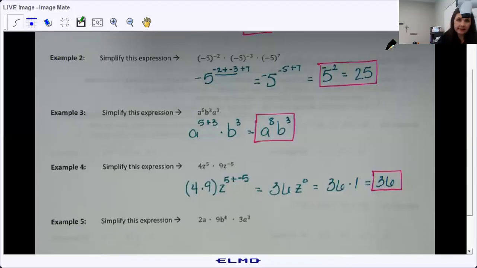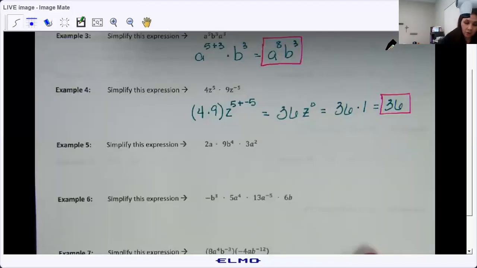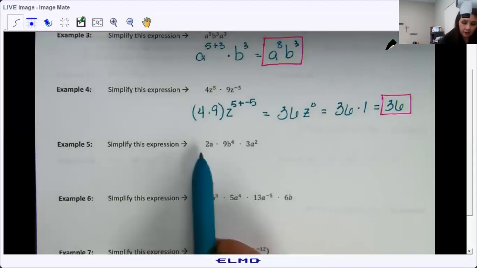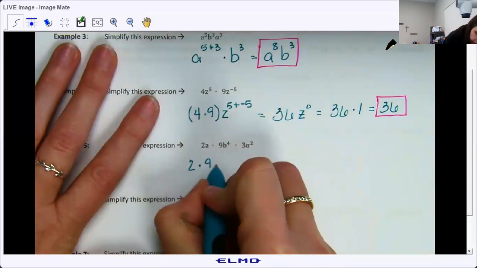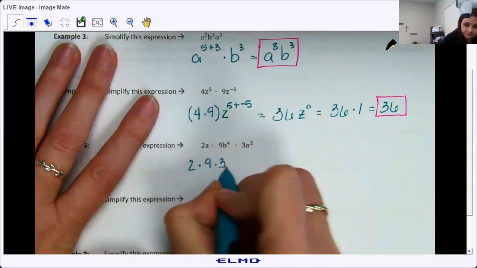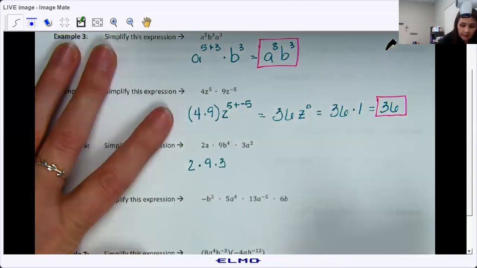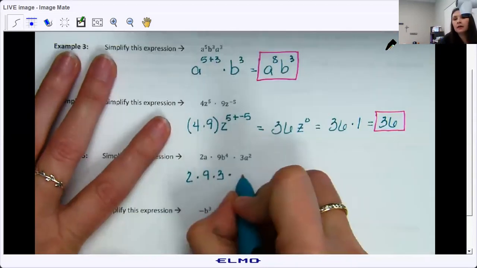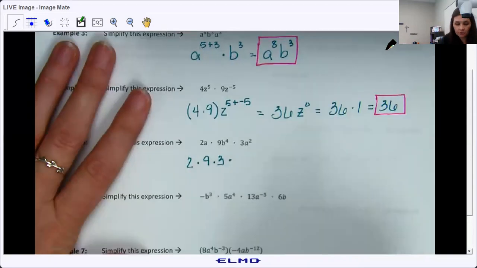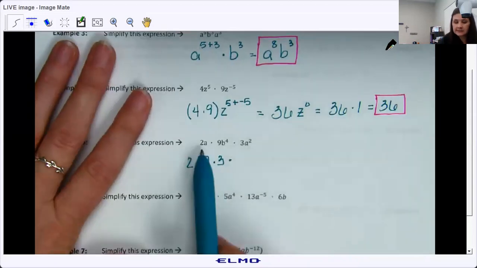Okay, so for example 5, I am going to multiply all of my coefficients together. So I have 2 times 9 times 3. It doesn't matter where your coefficient is.